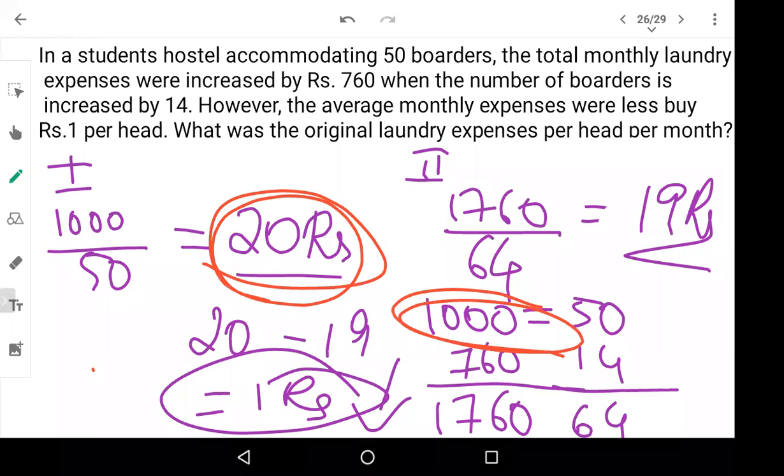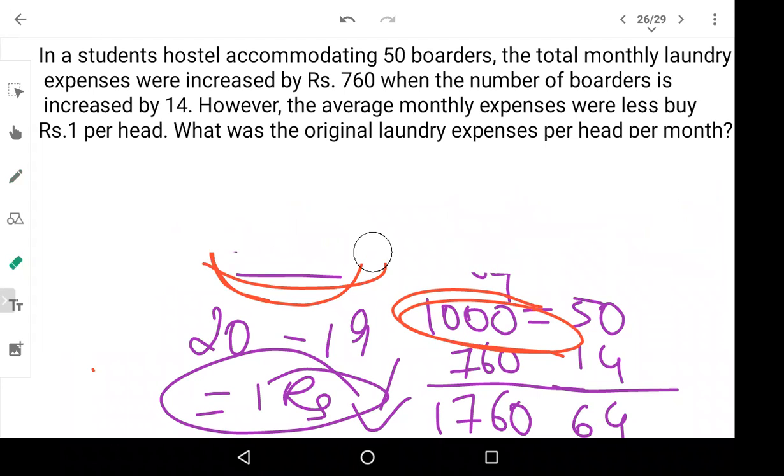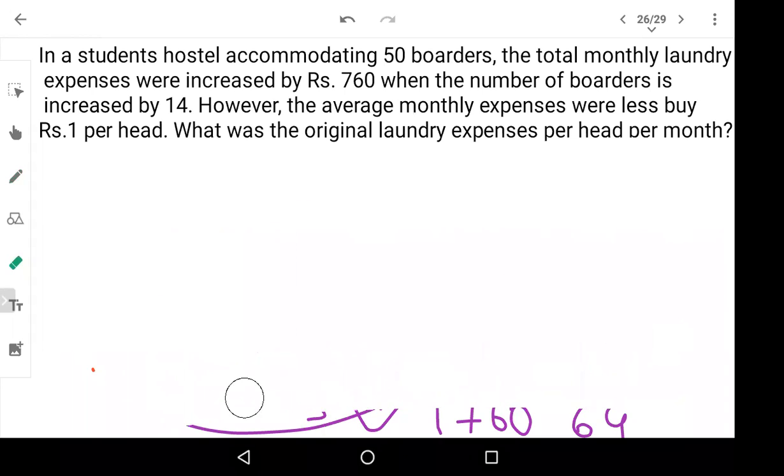For each of them, what was the laundry expense that they were paying? Did you all understand the question first of all? Analyzing the question is very important, because you will know what is to be solved. Without knowing what is to be solved, you cannot blindly solve the problem.